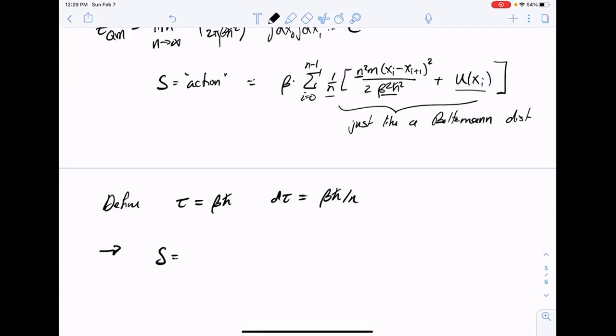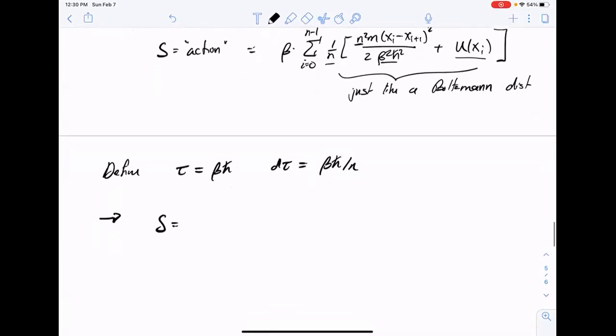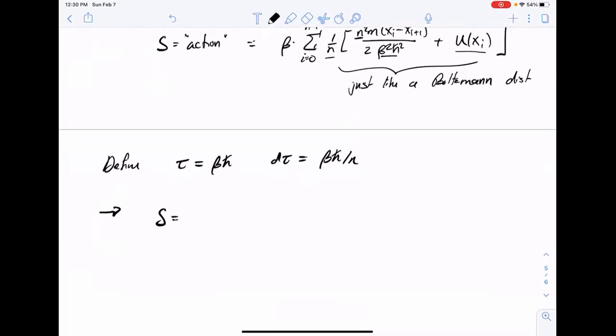In the limit that n is infinitely large, the difference between x_i and x_{i+1} over that gets really small. That's essentially a finite difference expression for the derivative of x with respect to t. That whole thing then gets squared. So I'll have an infinite number of terms in the sum, and I can turn that into an integral with a measure delta t.